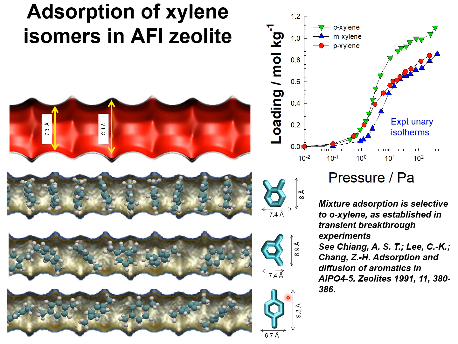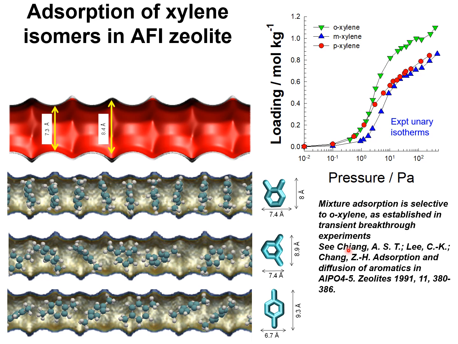The other two isomers, metaxylene and paraxylene, cannot locate in a face-to-face manner as does orthoxylene, and the adsorption of metaxylene and paraxylene is less efficient. That leads to smaller loadings for the unary isotherms.